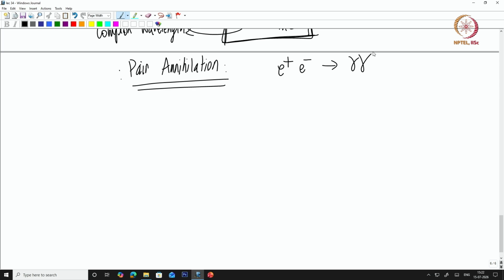Again, you have E plus and E minus annihilating to give you 2 photons.